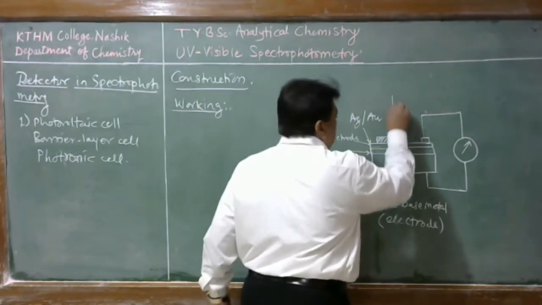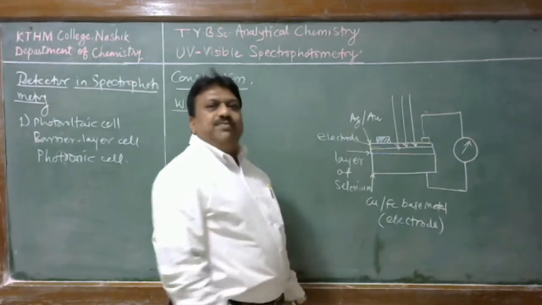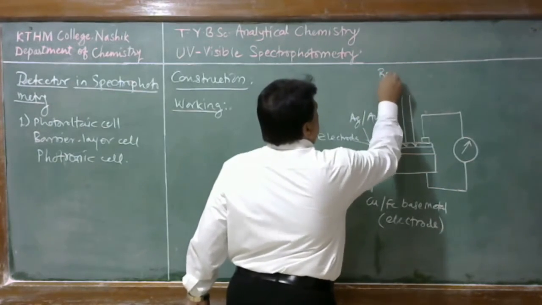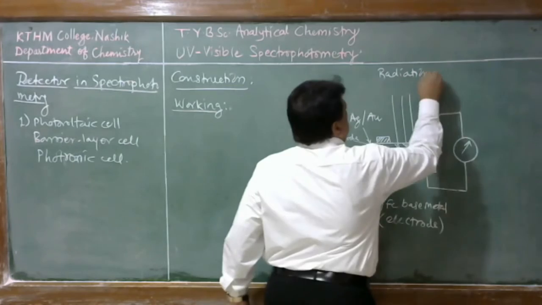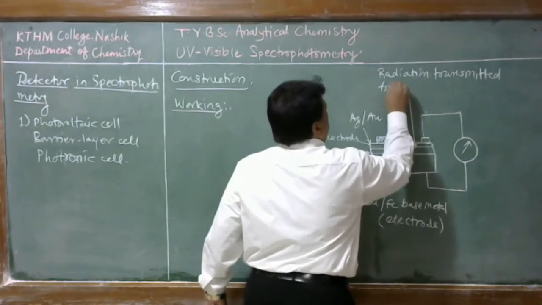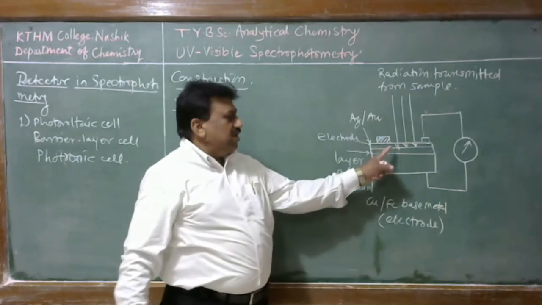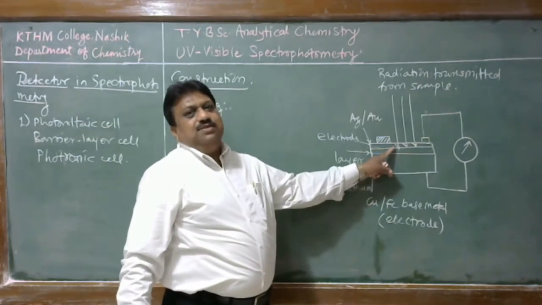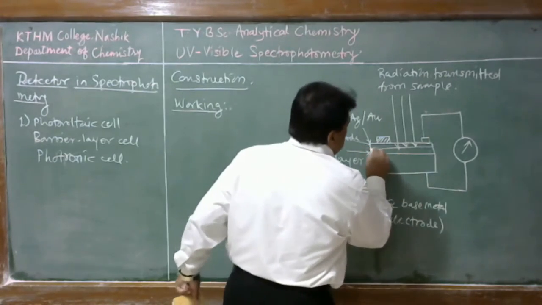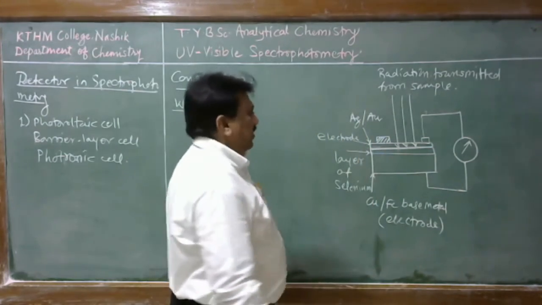This is called incident radiation on the detector, but actually this is a radiation transmitted from the sample. When this radiation falls on the metal plate, that is silver or gold, at the interface of silver and selenium, there is creation of electrons.